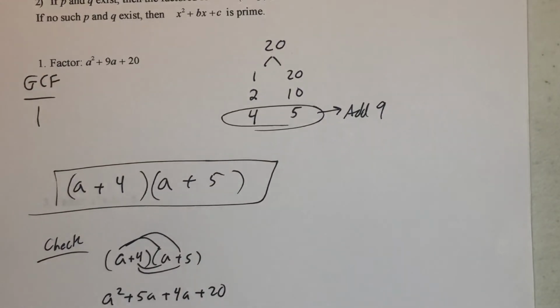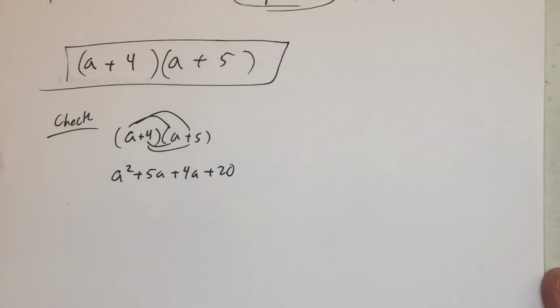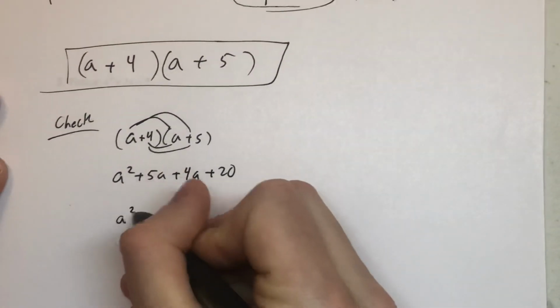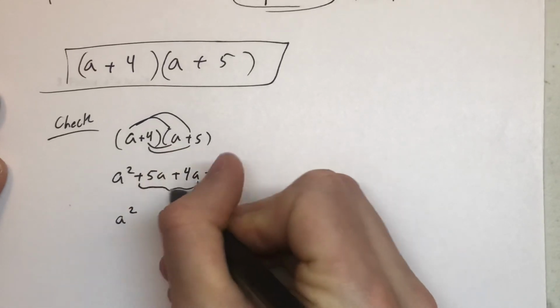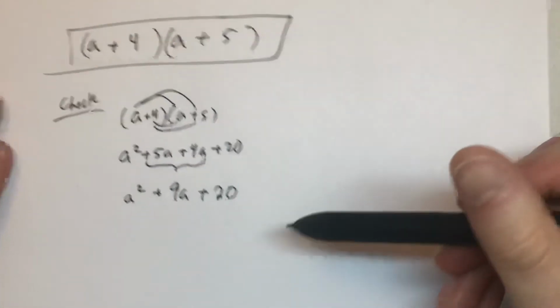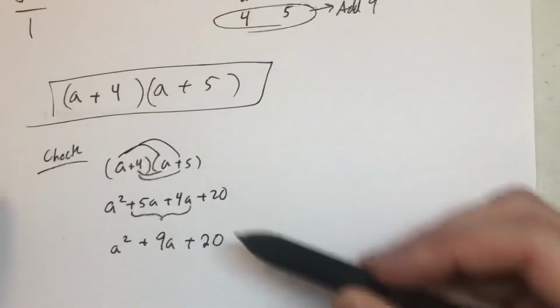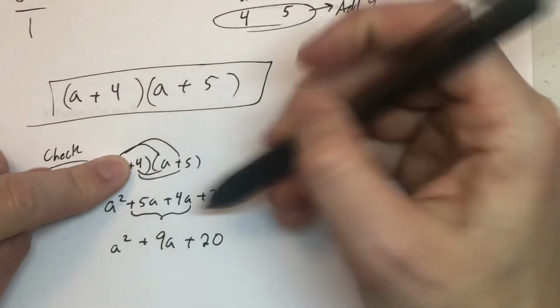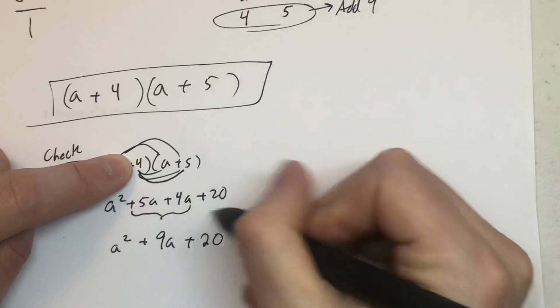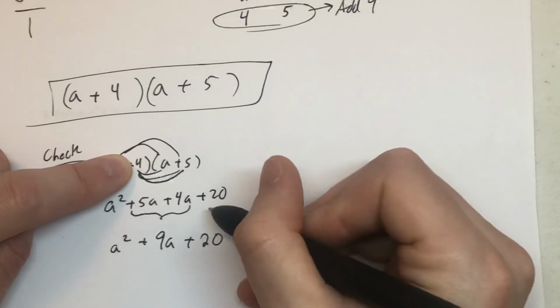And I like doing one check on this one just to really show you exactly why this number game worked the way it did. Because notice we've got a squared, and if you combine your two a terms, you get 9a and 20. That's what we started with. But notice this is why the number game works. Because the two numbers you put here are going to be combined by this arc right here to give you that number 20, the final number, the c that they need to multiply to.